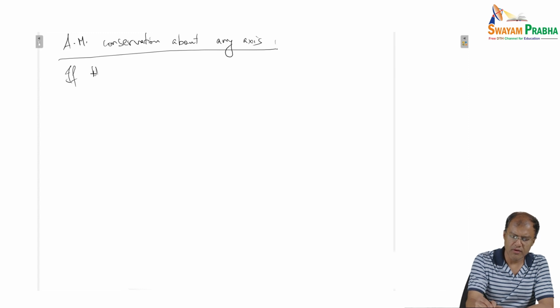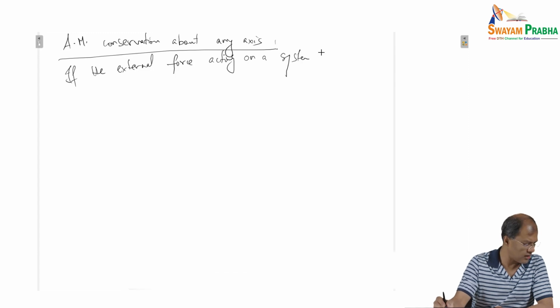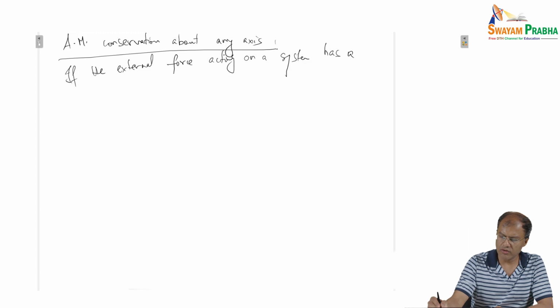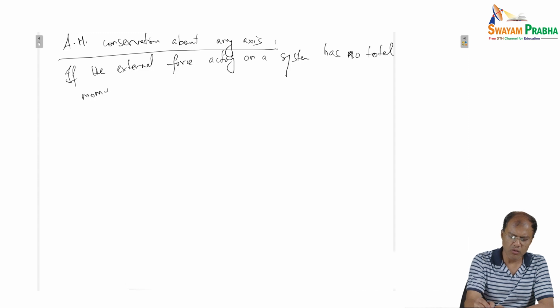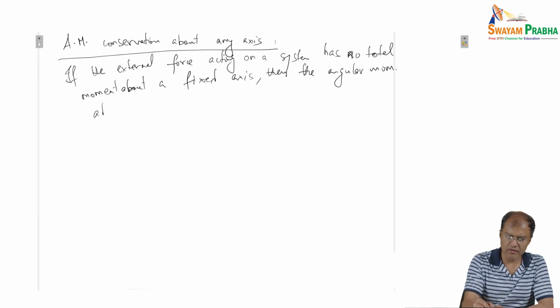If the external force acting on a system has no total moment about a fixed axis, then the angular momentum about the axis is conserved.